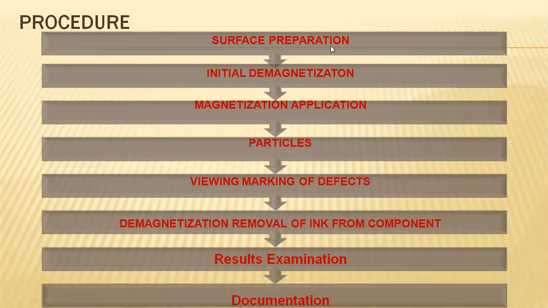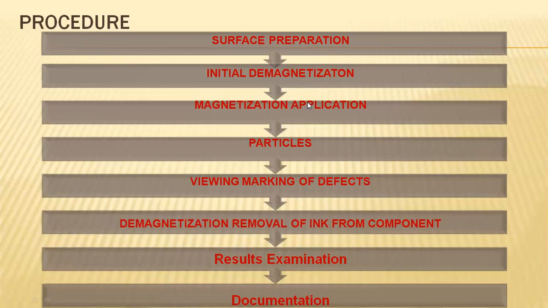Next, if non-ferrous materials are involved, then the magnetizing concepts need to be followed, and the surface should be prepared to get ready for the process. So for that, the initial magnetization is necessary.